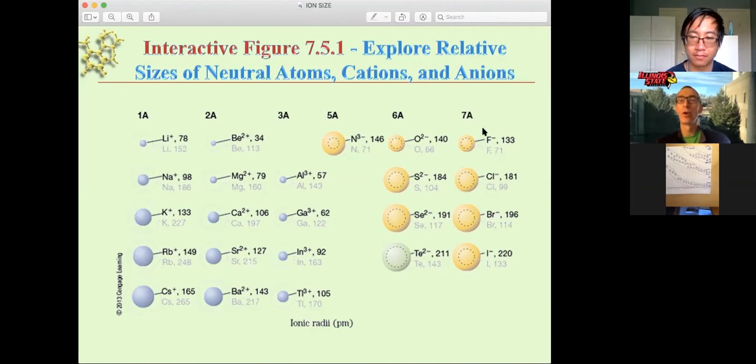So fluoride -1, oxide -2, and nitride -3 all have the same number of electrons. All 3 of those have a complete octet, right? The p orbitals are filled. In fluorine's case, it just needed 1 electron. In oxygen's case, it needed 2 electrons, and in nitrogen's case, it needed 3 electrons.